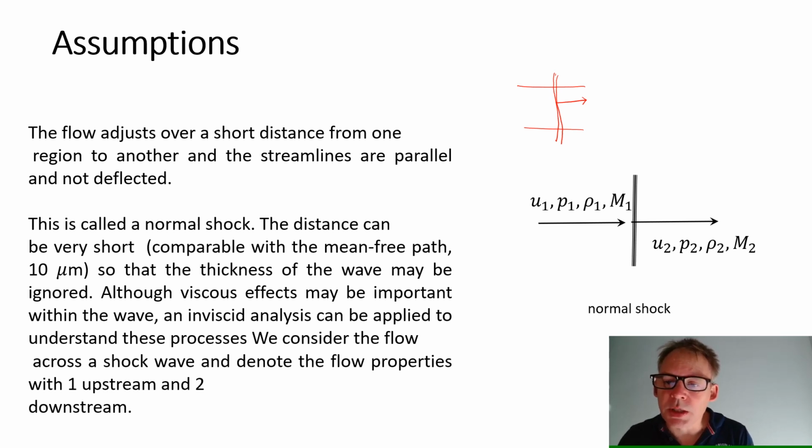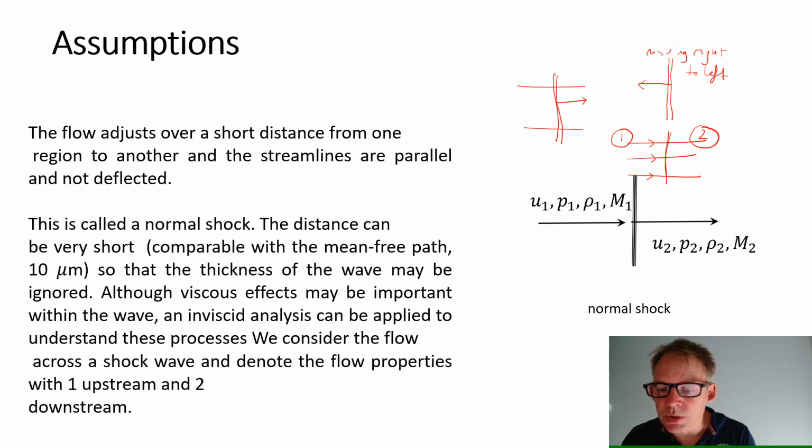In this particular case, we have the shock moving right to left. So in the frame of the shock, the streamlines are bringing fluid through the shock itself. And we're going to denote the left hand to be region 1, the right hand to be region 2.